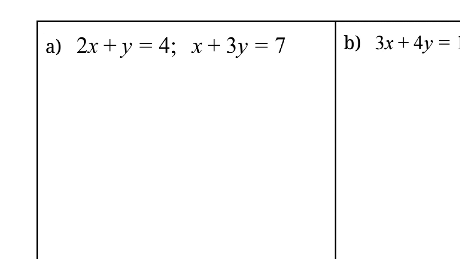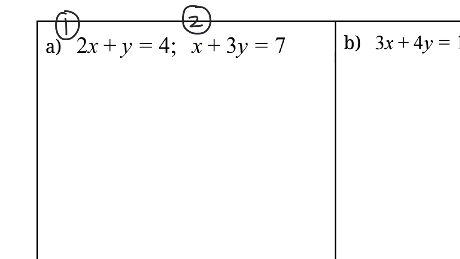The first thing you want to do is number your equations. So let's call the 2x plus y equals 4 equation number 1, and let's call x plus 3y equals 7 equation number 2. The second thing you want to do is make sure that each of your equations is in correct linear format. Remember, we said a linear equation always has to be in the format y equals mx plus b.